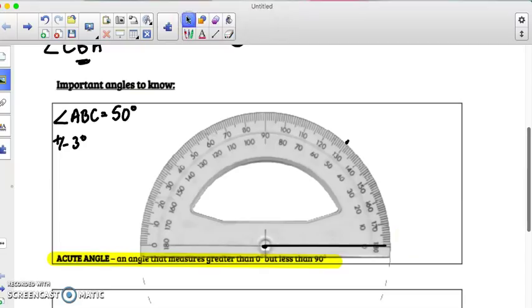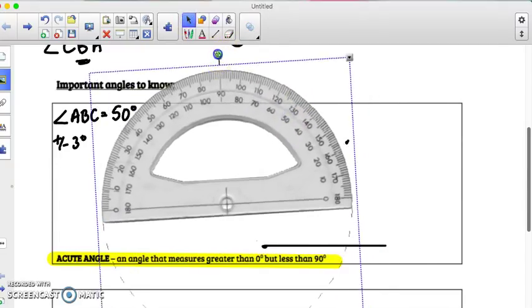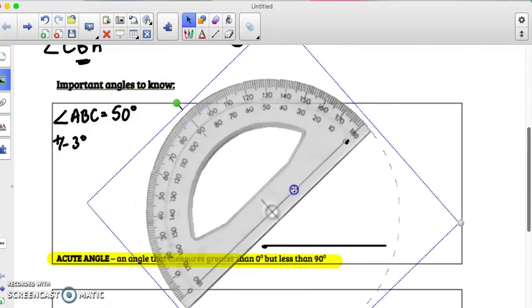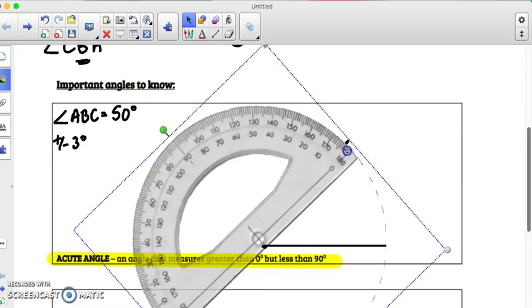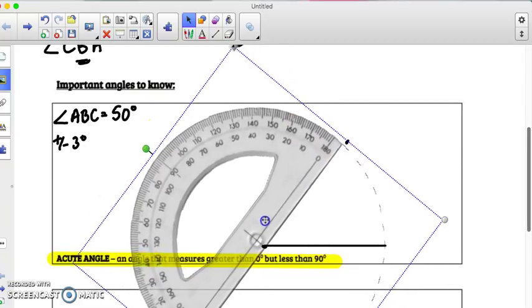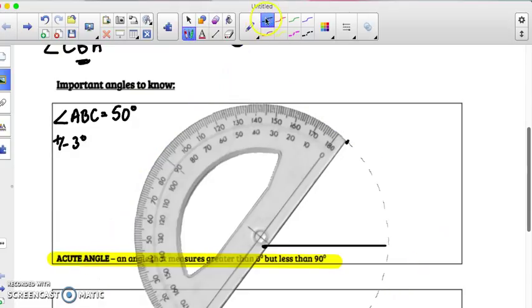What you're going to do now is take your protractor away, and you're going to have to turn it because you need to use that straight edge portion, and you're going to take it so that it lines up with your vertex. I'll just point out your vertex that you drew here, and I'll make mine more obvious.